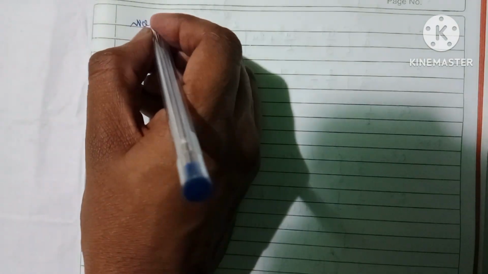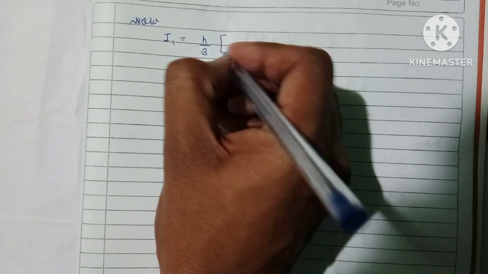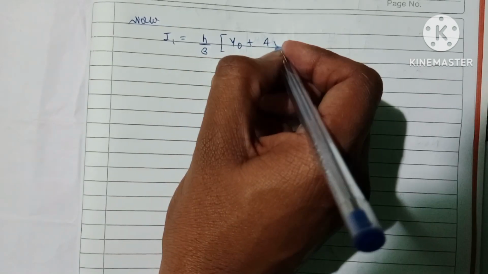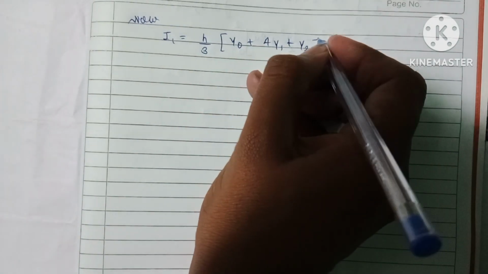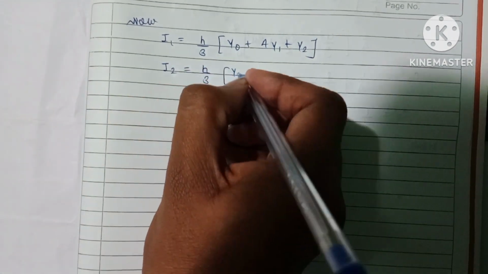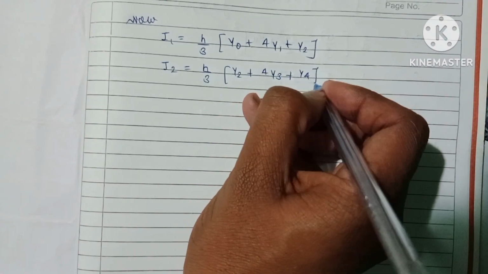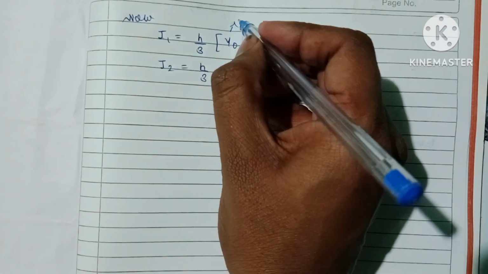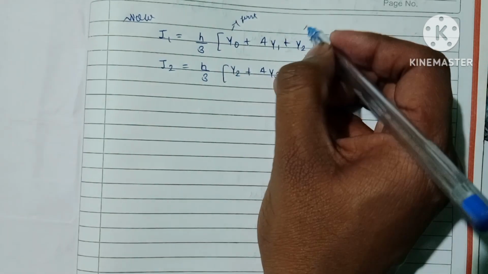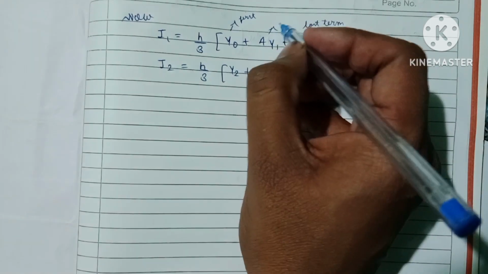Now we get I1 equal to h by 3 [y0 plus 4y1 plus y2]. I2 equal to h by 3 [y2 plus 4y3 plus y4]. It simply means first and last term and 4 times the middle term.